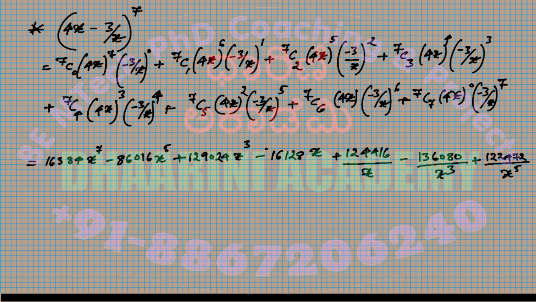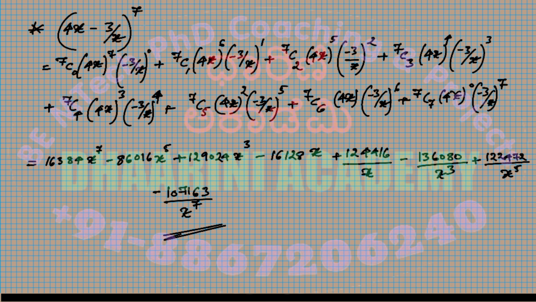Okay, minus 10,716 3, minus 7, so divide by x to the 7. Okay, so this is the expansion of the given.